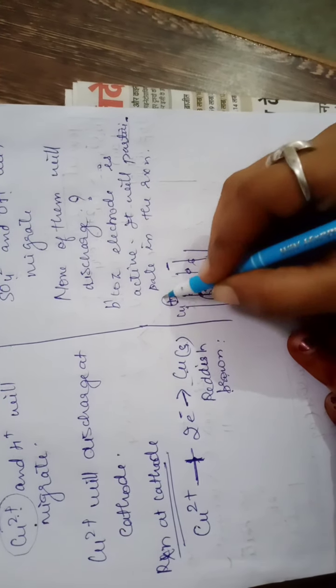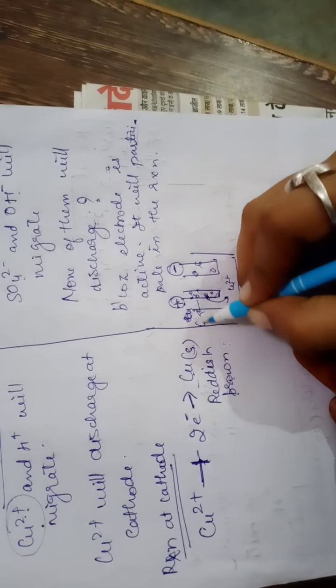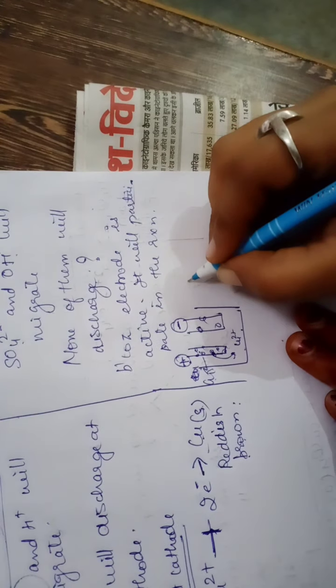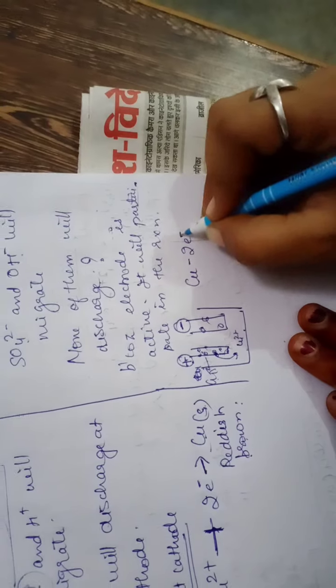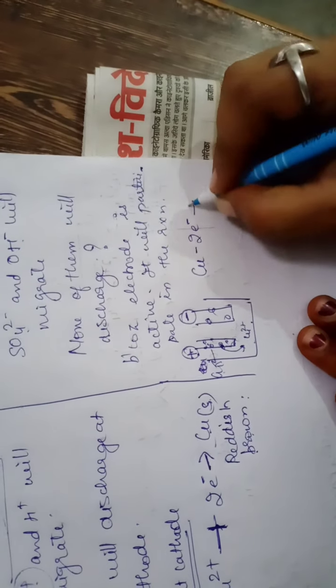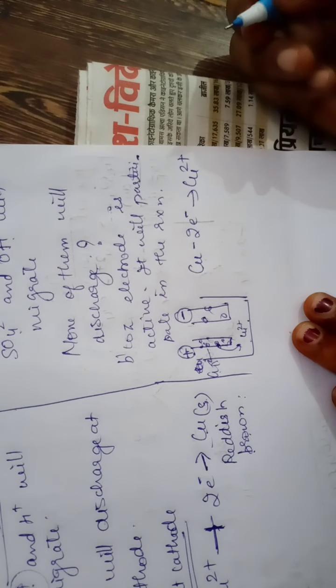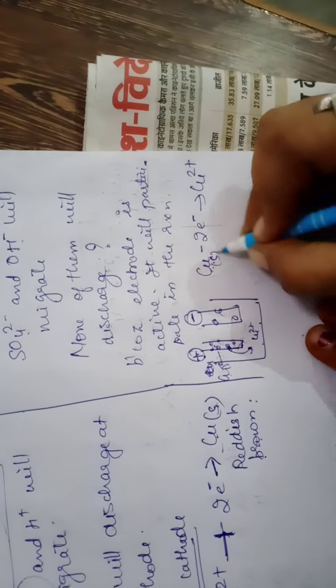This is your anode and this is your cathode. Your anode is made up of copper only. So this copper will enter into the solution. How will it enter? Copper from the anode will lose 2 electrons and form Cu2+ ions in the solution. This is solid copper from the anode.